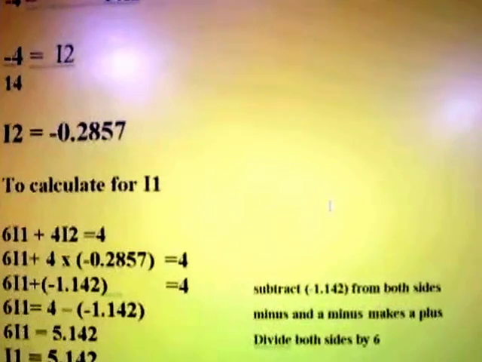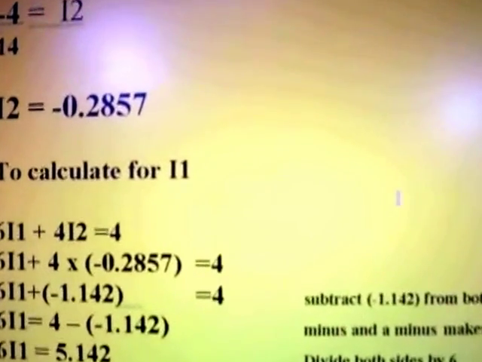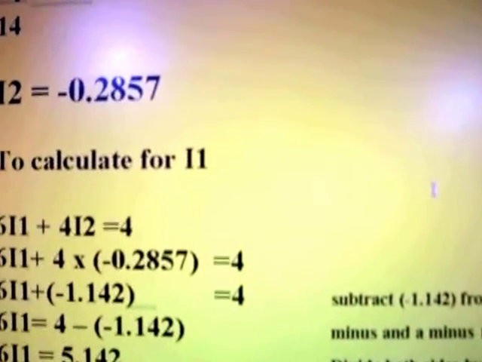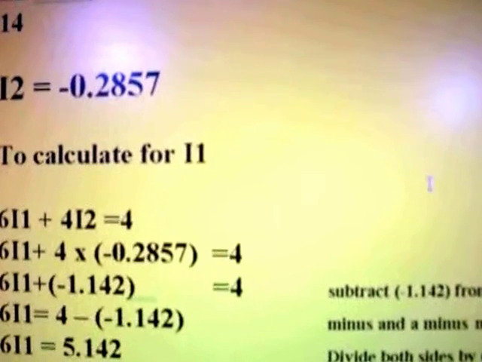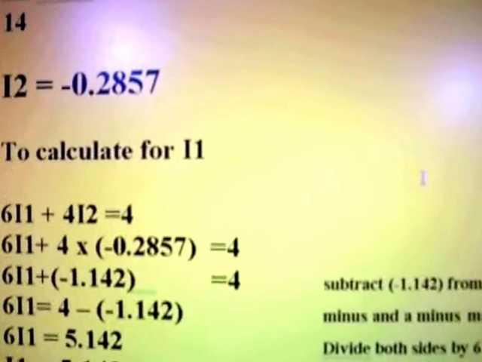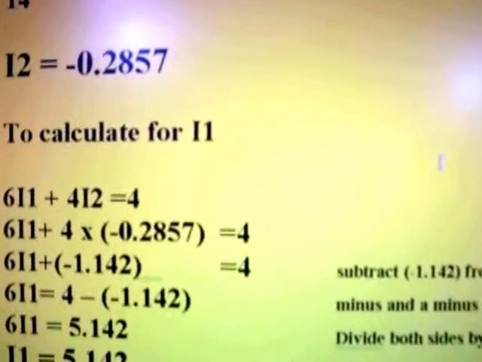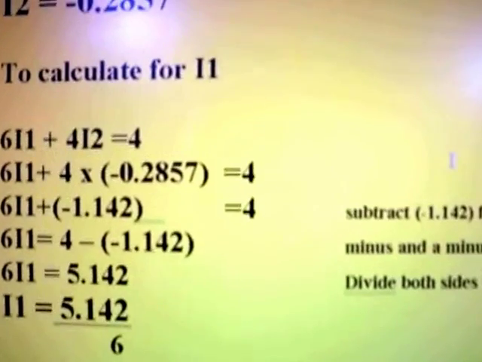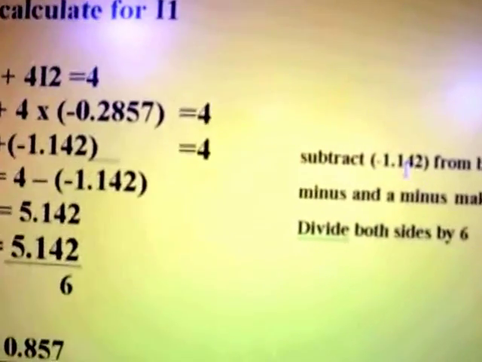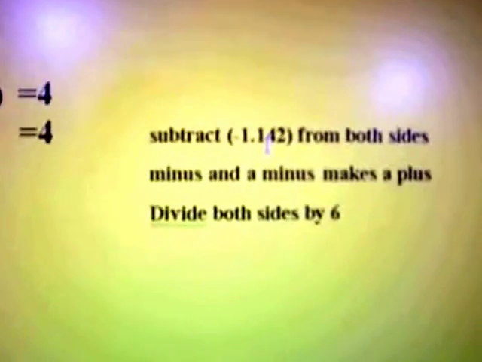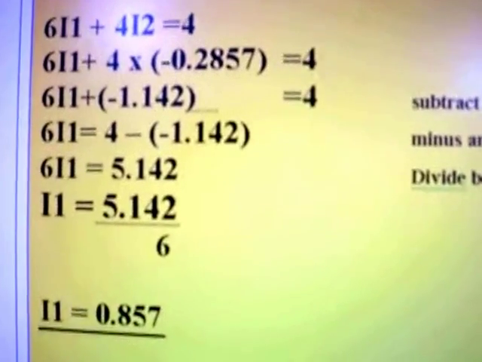One of the things we also need to know is how to calculate I1, or if we calculate I1 in the first place, how to calculate I2. You'll see here that you need to do certain things.